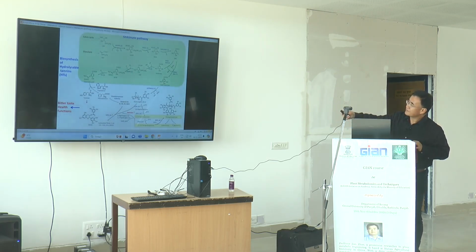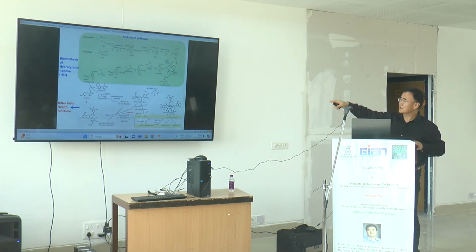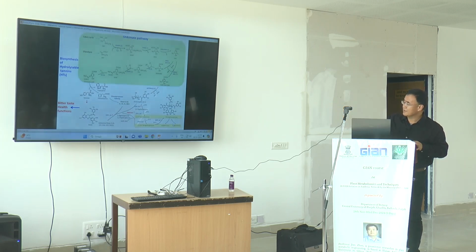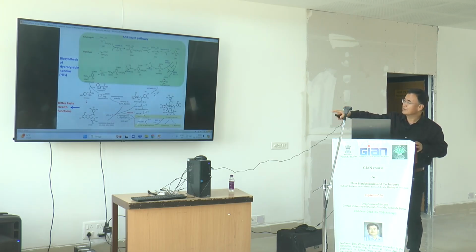And also, the shikimate pathway. Through the tea plant, we can understand a lot of the shikimate pathway leading to the hormone, like salicylic acid biosynthesis in chloroplast, and also leading to biosynthesis of three aromatic amino acids: tryptophan, tyrosine, and phenylalanine.